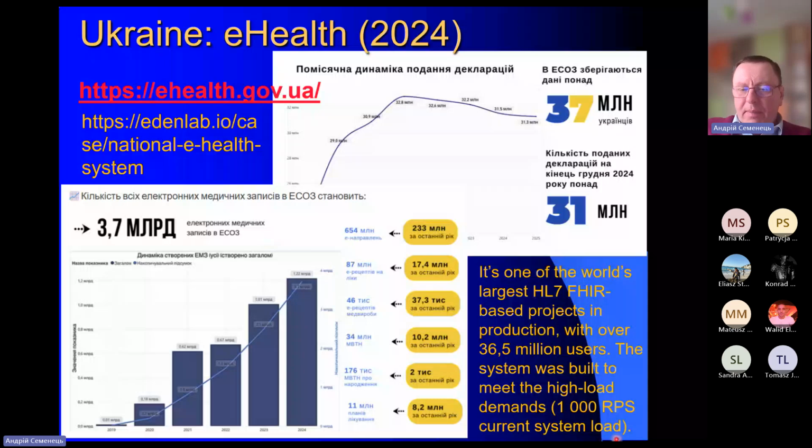And technically, to make some technical notes, yes, the Ukrainian eHealth system has adopted FHIR for data exchange. So we follow standards, and it gives us some benefits to have many information systems.